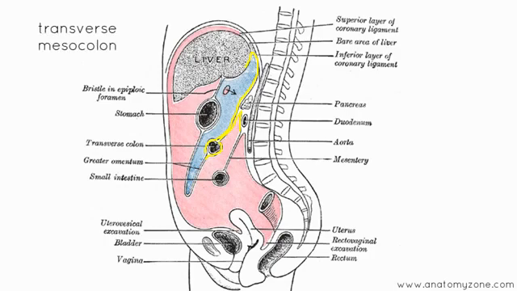So as we follow the peritoneum inferiorly, there's another mesentery which encapsulates the small intestines, and this mesentery is called the mesentery of the small intestine. So this mesentery wraps around the small intestine from the duodenojejunal flexure down to the ileocecal junction.